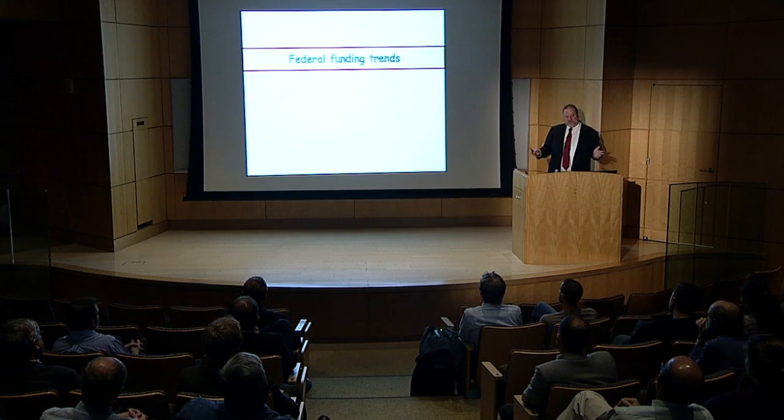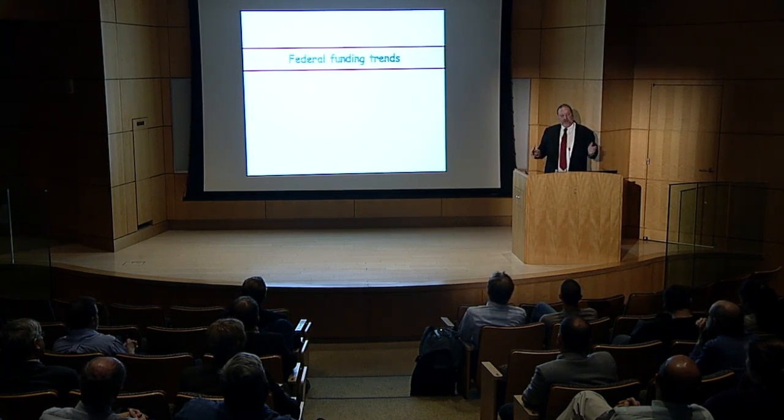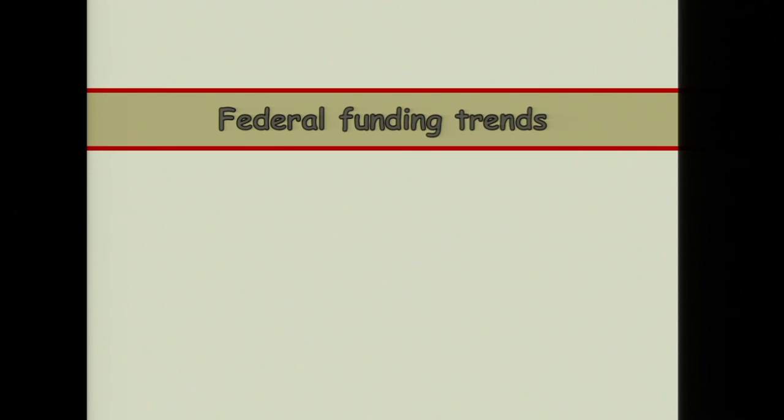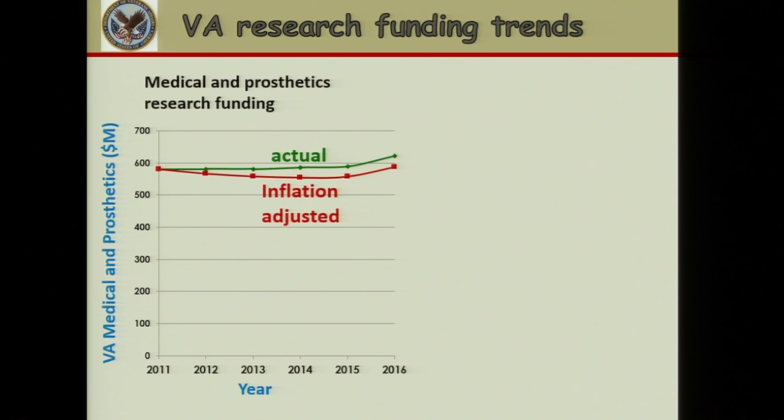Okay, so now just a little business. I'd like to talk a little bit about the funding trends. A lot of our work depends on federal funding in particular. Of course you remember this slide from last year, but it has one extra point on it now.